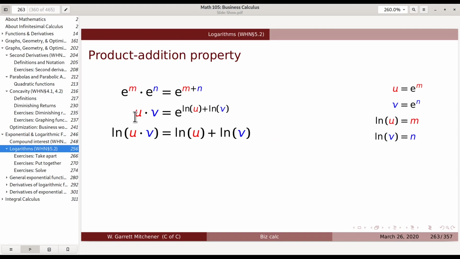So I'll get ln of the left equals the thing up in the exponent here. What that gives me finally is that ln of u times v is equal to ln of u plus ln of v. In short, ln applied to multiplication comes apart into ln of the left thing plus ln of the right thing. So it comes apart into addition.